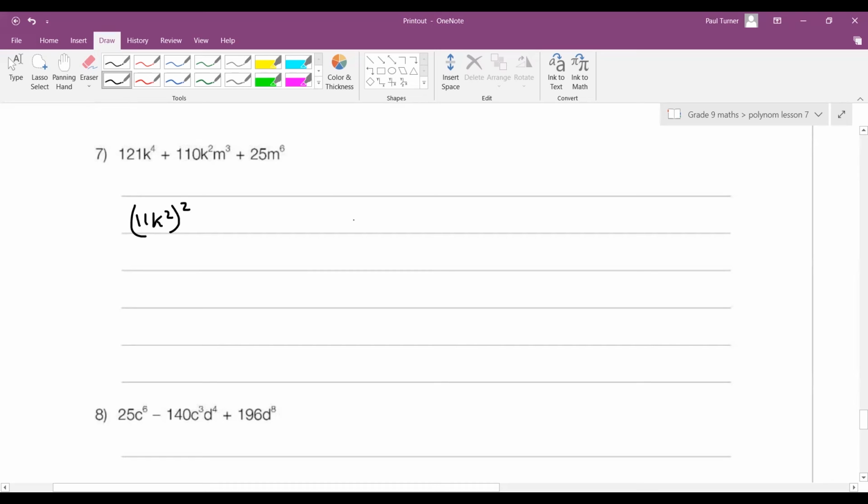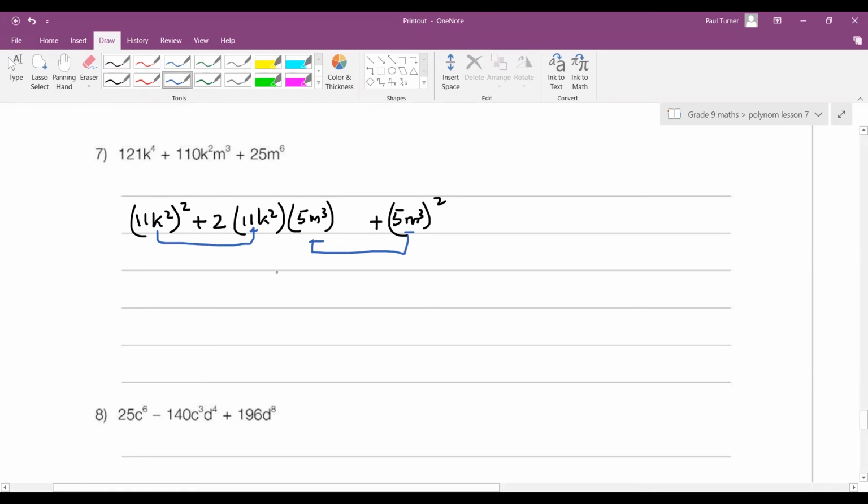The last term is 25m6, so make that 5m3 all squared. First and last we do first. And then the middle term, we have a plus. We have 2 from the formula. And then we'll write the first part, 11k2 here, and 5m3 here. Like that.